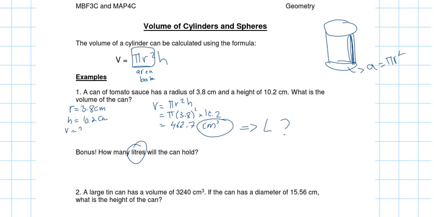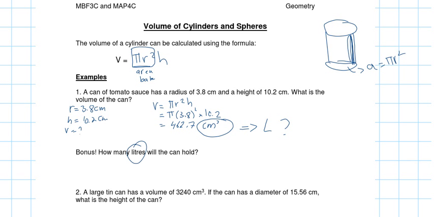So if you look at the first page of the formula sheet, the purple sheet, somewhere right here at the bottom, it says that 1 liter is equal to 1,000 centimeter cube. Okay?